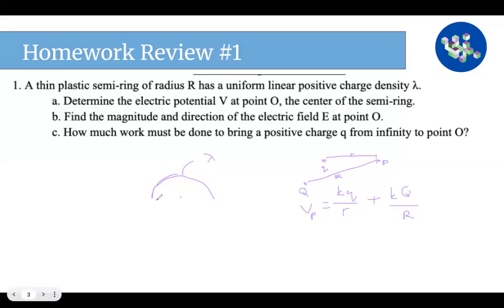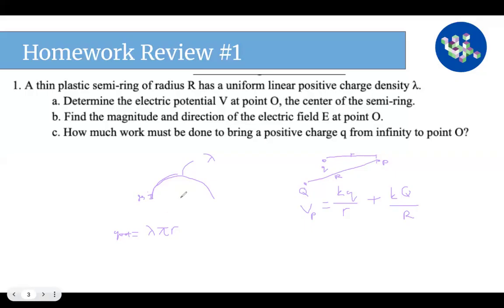The total charge on the semi-ring is lambda times pi r, so Q total is lambda times pi r. If I look at an infinitesimal segment of length ds, then the charge on it is lambda ds.